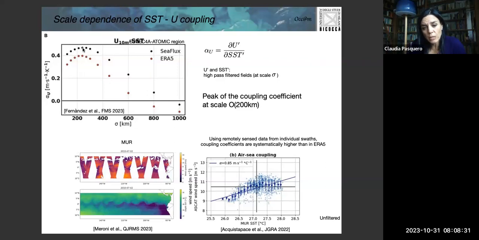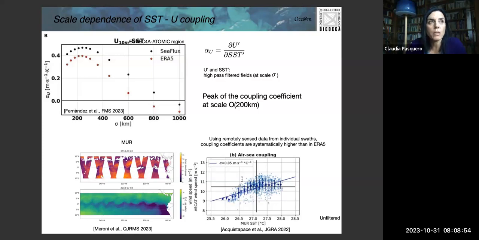The figure that I put here shows the relationship, and the slope of this curve is the coupling coefficient for the Eureka region. The coupling coefficients that we get in this way are always larger than the ones that are obtained in ERA5.